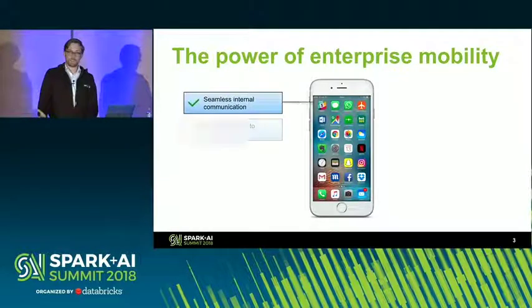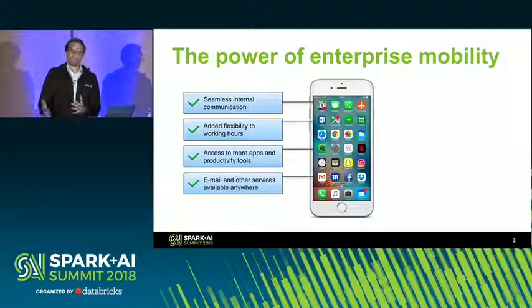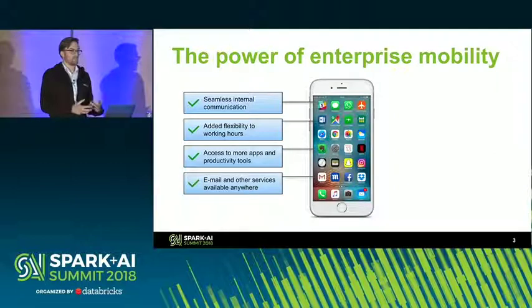So, firstly, the power of enterprise mobility. We've seen a lot of change in the last few years around how mobile phones and devices like iPads are used in enterprises. And that's because of many reasons. As you can see here, the seamless communication internally with email, Slack, WhatsApp, etc. How it adds hours of work and flexibility, so people can email from home.